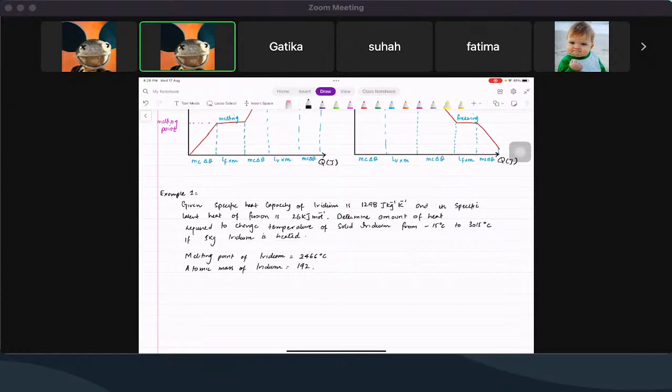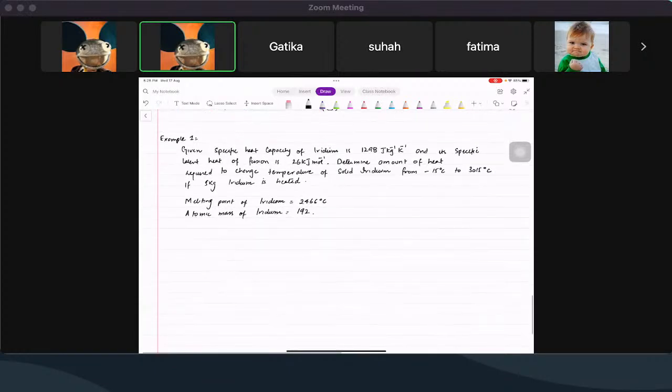Now, if I were you, I would not directly start this question. I would, on the side, rather create a heating curve. The reason behind this is because I want to know what processes are involved in this. First of all, I should remember that the starting point is minus 15 degrees Celsius. So we are looking at temperature in degrees Celsius, and then we have energy in joules.